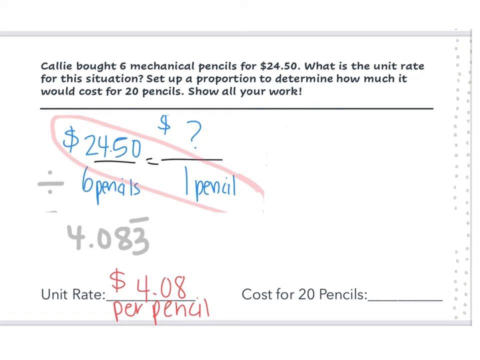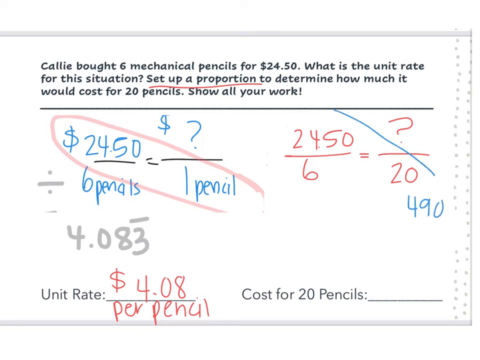I just scooted my work over here so I could do the next part. It does say to set up a proportion to determine how much it would cost for 20. So we can say $24.50 for 6 pencils. What would be the cost for 20? Same thing, multiply your diagonal, divide by what's left. 24.50 times 20 is going to give us 490.